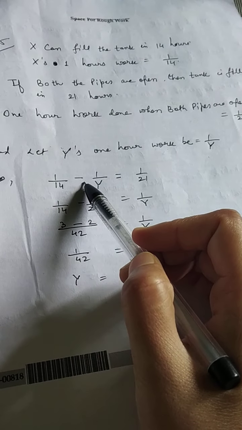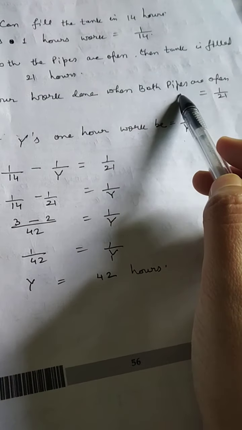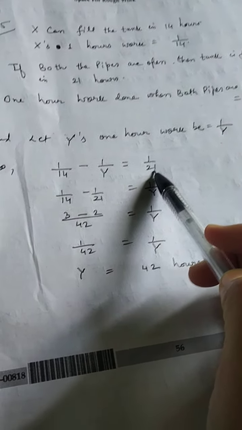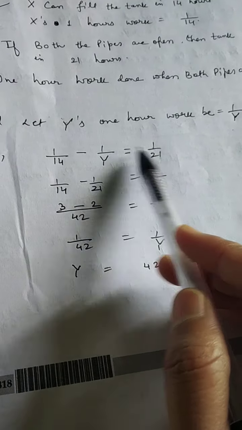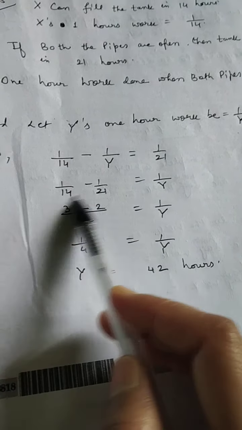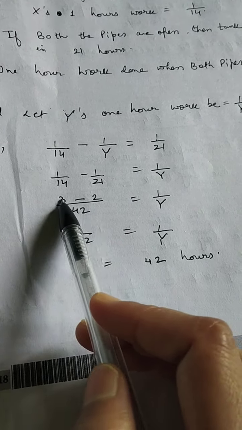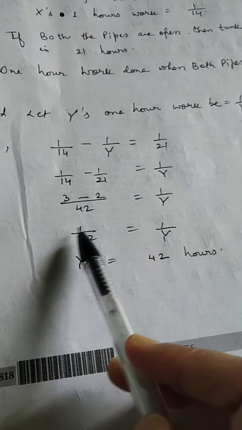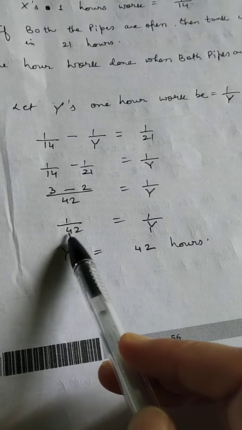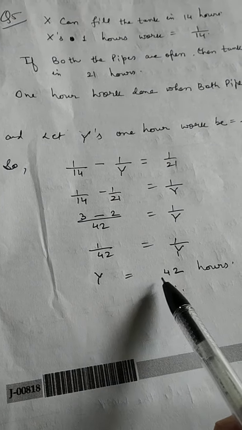X's 1 hour work minus Y's 1 hour work is equal to the 1 hour work when both the pipes are open, that is 1 by 21. So if you put 1 by 21 here, and put 1 by Y on this side, it will come in plus. Now subtract: take the LCM of the denominators, 42, 3 minus 2, that is 1 by Y. Now 1 by 42; do the cross multiplication, so Y is equal to 42 hours. It will take 42 hours to empty the tank.